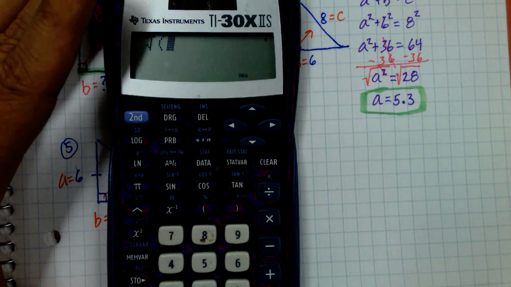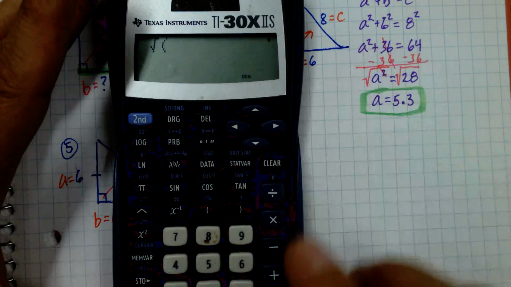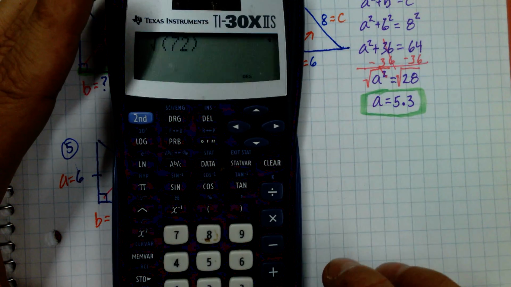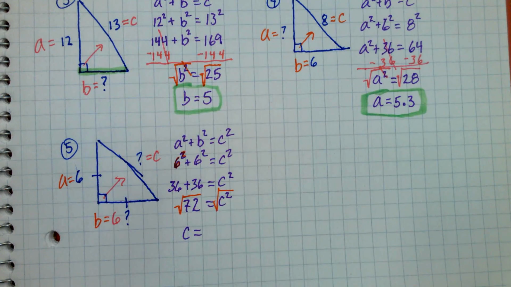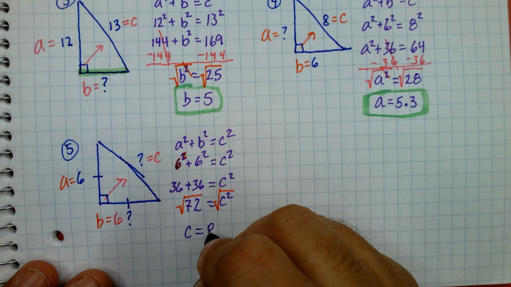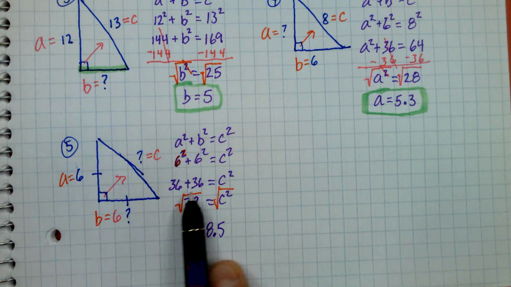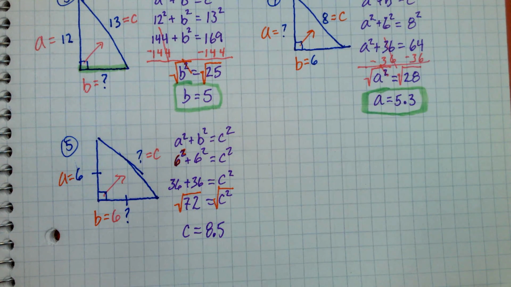Remember, on your Chromebook, you just type in SQRT and then the number, in this case, 72. 8.5. Wow. So if the two legs on an isosceles right triangle are 6, then the hypotenuse has to be 8.5.